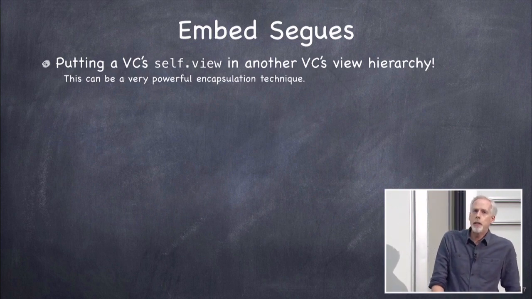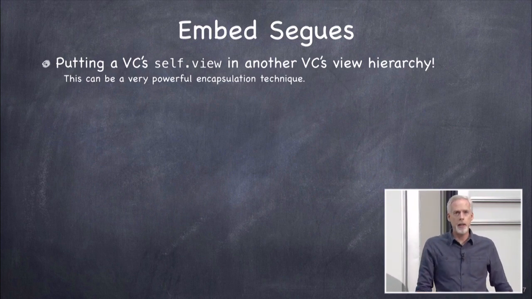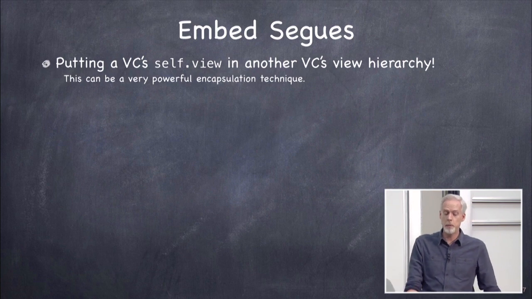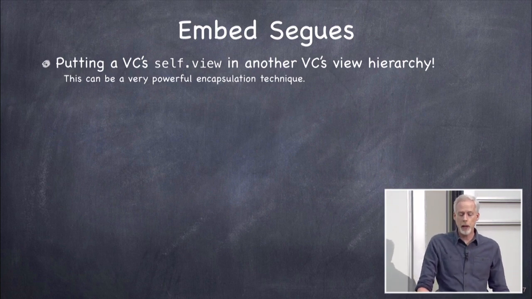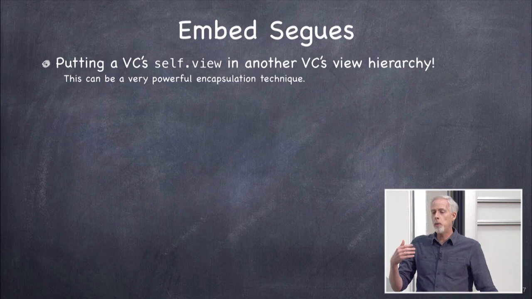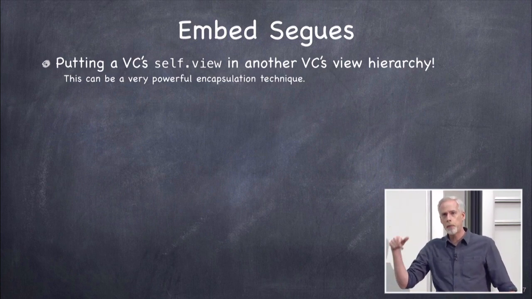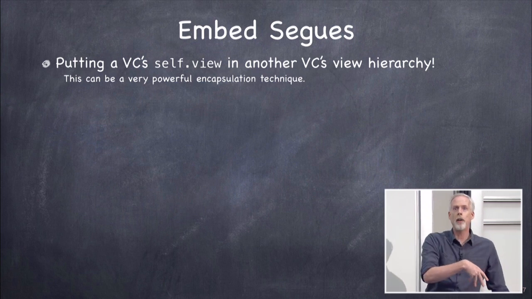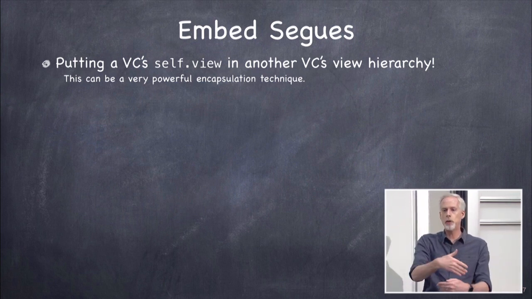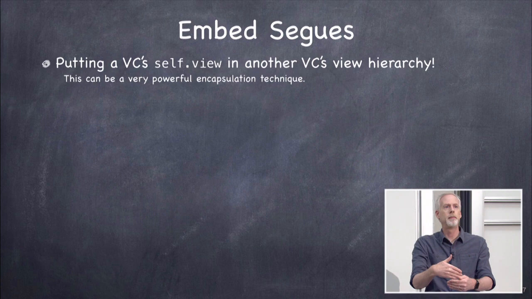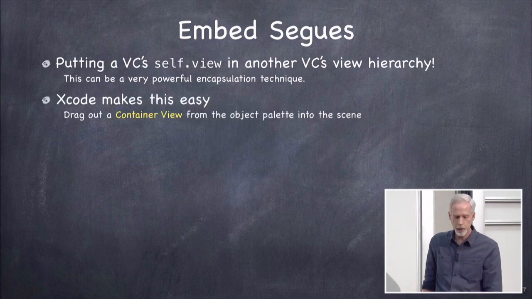Okay, the last segue we're going to talk about here is embed segues. These are really cool, really powerful segues. It's basically a segue where you put another MVC's self.view, its top-level view, inside another view hierarchy. So this is embedding view controllers inside other view controllers. Okay, really cool thing to be able to do.